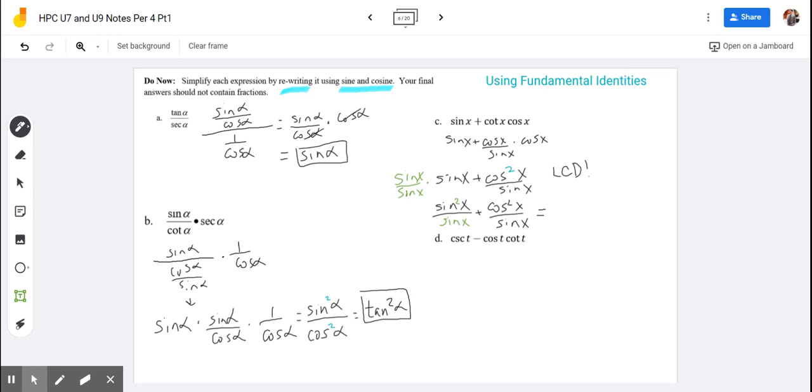So now that we have a common denominator, we can actually just combine the terms of the numerator into one single fraction. So it's going to be sine squared x plus cos squared x. But sine squared plus cos squared, that's a Pythagorean identity. Sine squared plus cos squared, that's equal to 1.